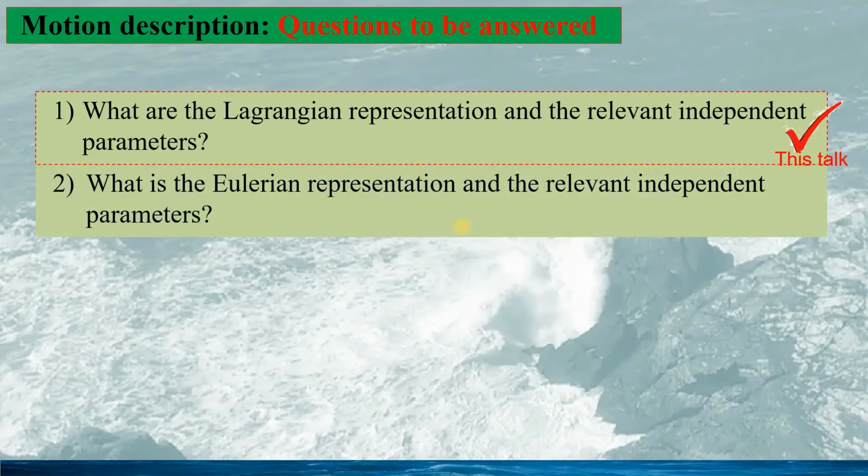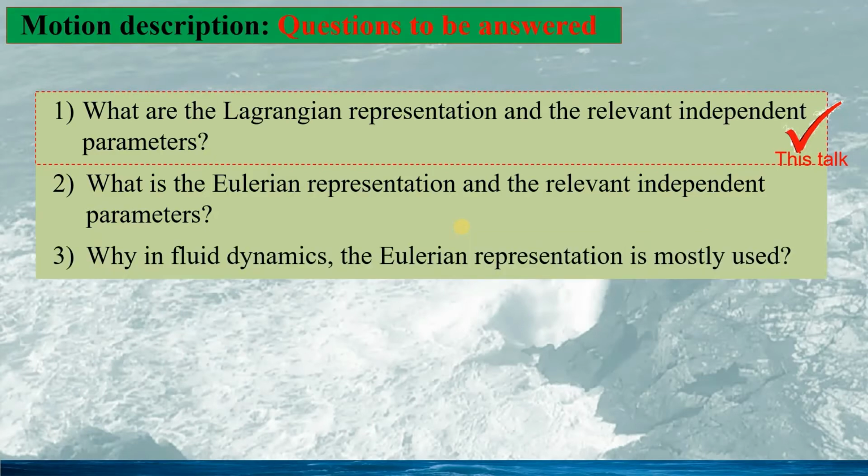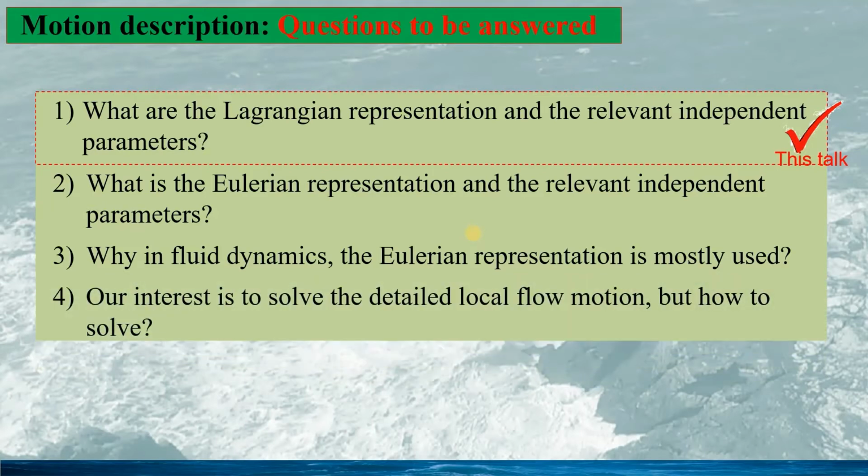And what is the Eulerian representation and the relevant independent parameters? Why in fluid dynamics is the Eulerian representation most used? And for fluid dynamics, our ultimate target is to solve the detailed local fluid motion. But how? We will see different methods could be used for such a purpose in my talks.